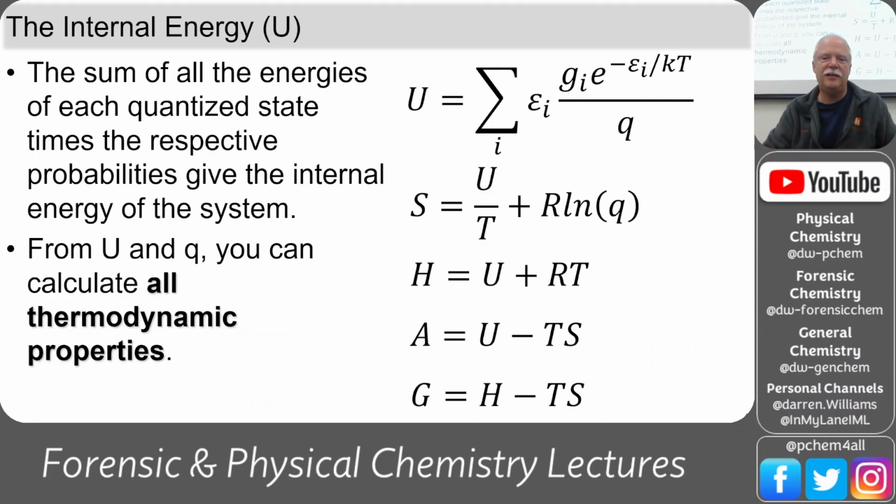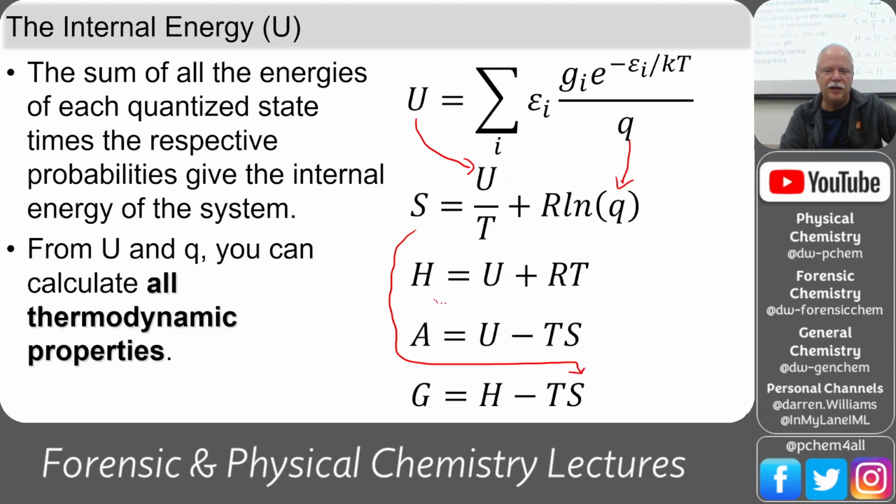But once you have that internal energy, then look at all these other equations. You can use that internal energy and the partition function, and you can get the entropy. And then once you have the entropy and the internal energy, you can get these other values here, like the Gibbs energy. So the entropy goes here, and the enthalpy goes here.